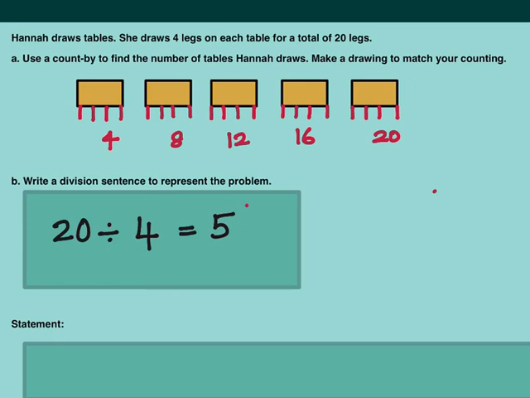So in the division sentence, 20 is the total number of legs, and 4 is the number of legs on each table. That means 4 is the size of one group, and 5 is the unknown that we found, which is the number of tables that Hannah drew.